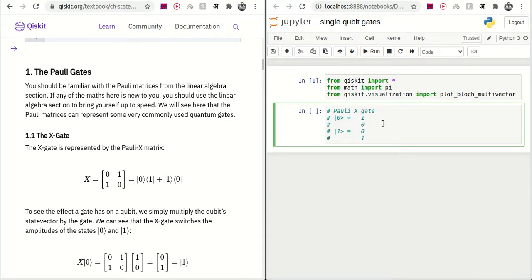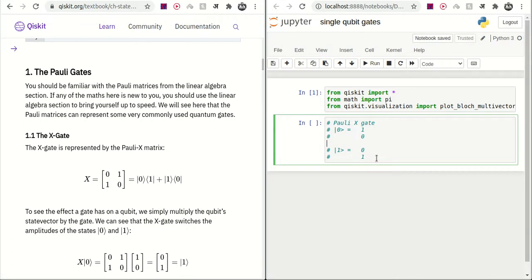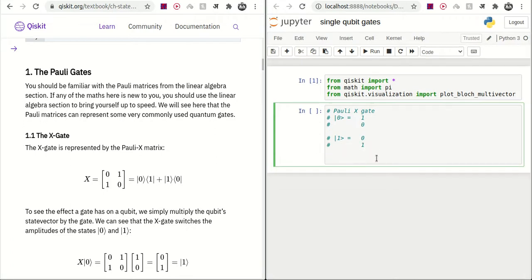This is our 0 and 1 state. So what does this X gate do? This X gate operates on 0 and converts it to the 1 state, and the reverse.